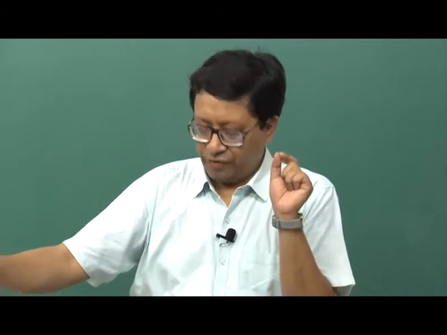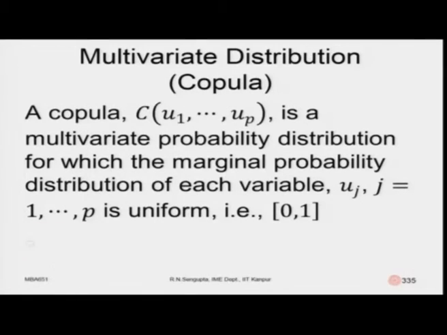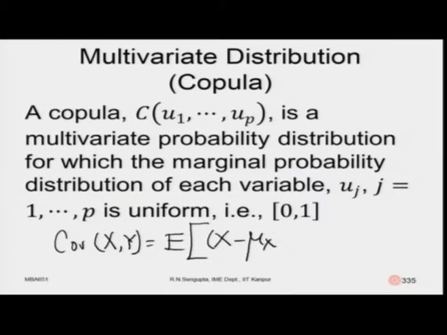So, consider the covariance function, which actually looks like this. Basically, the expected value of the multiplication of the differences between x and its mean value and y and its mean value.